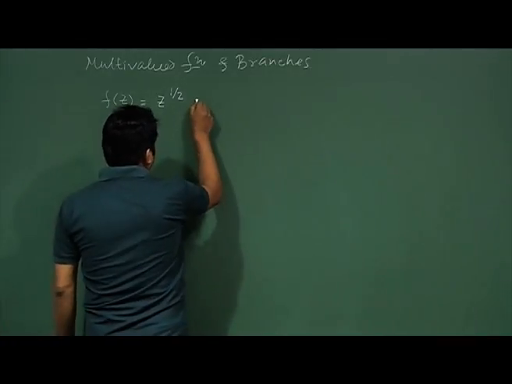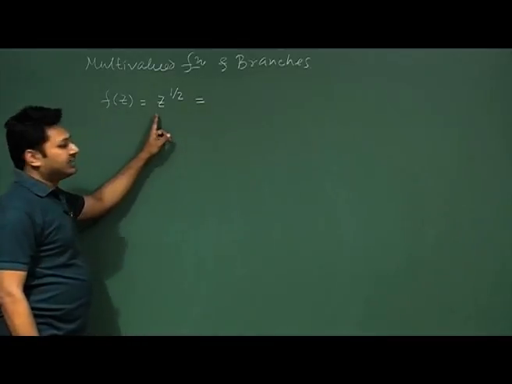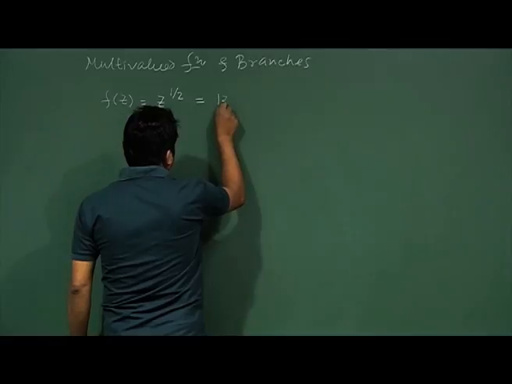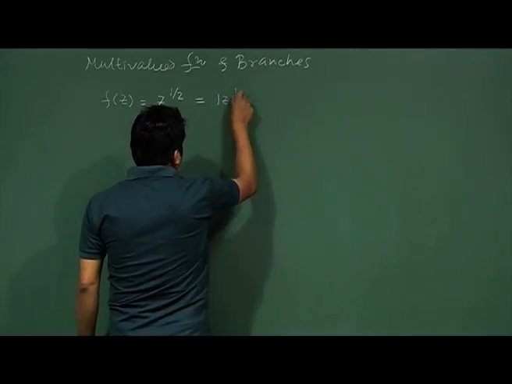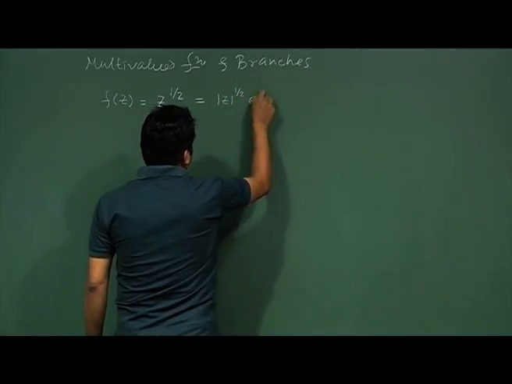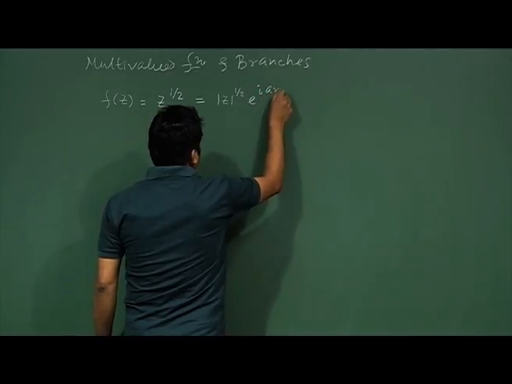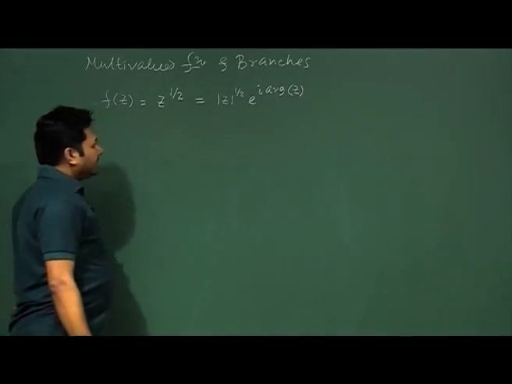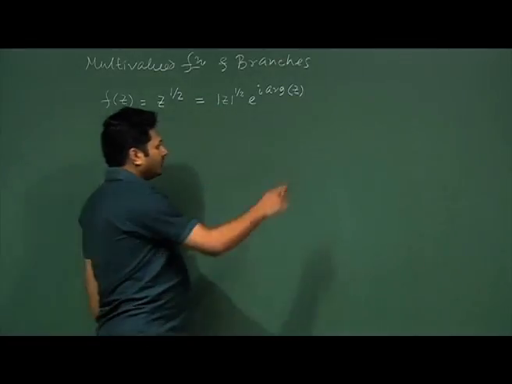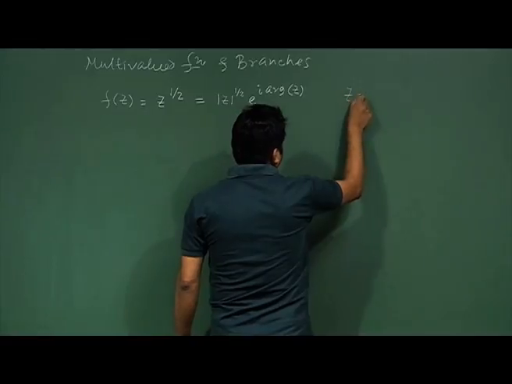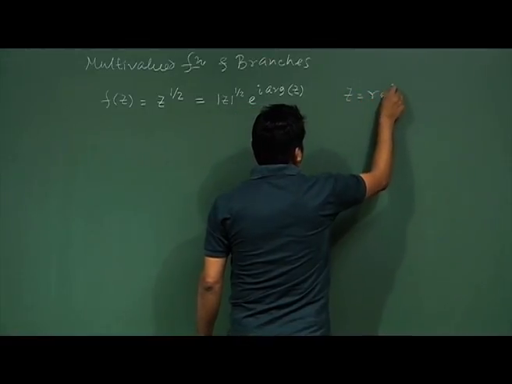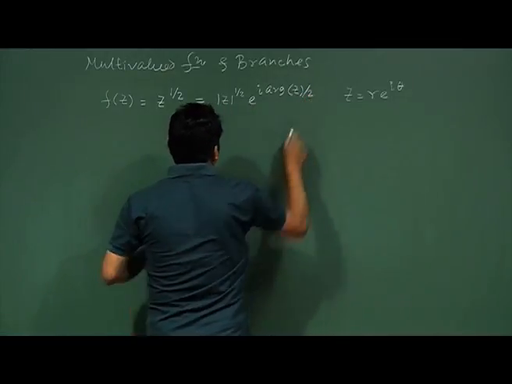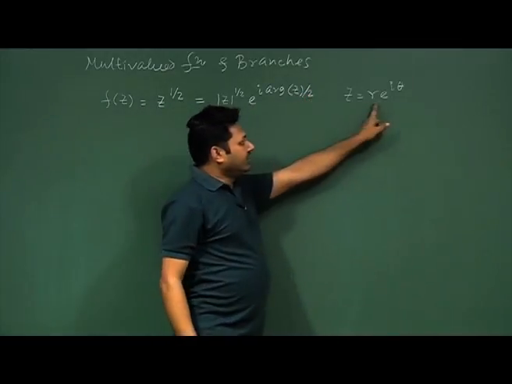So, I can write this function z to the power half as mod of z to the power half e to the power i argument of z by 2, because any complex number I know can be written as r e to the power i theta.